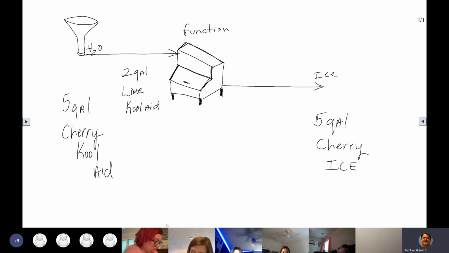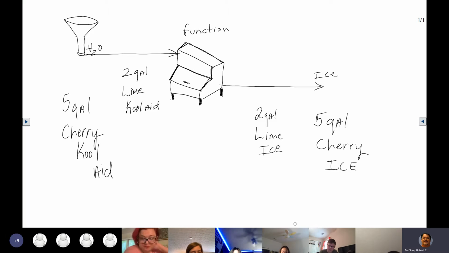What are we going to get out of it? 2 gallons of what? Lime Kool-Aid. Lime ice. Does everybody see where we're going with this? What you put into it, you get what? You get out of it.